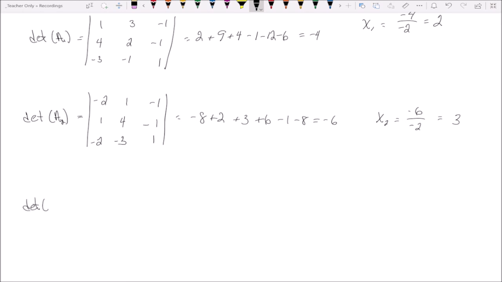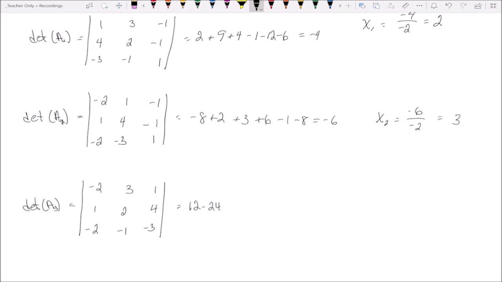Finally, the determinant of A3, replace the third column by b, and the remaining entries are the same. Negative 2, 1, negative 2, and then 3, 2, negative 1. Take its determinant.